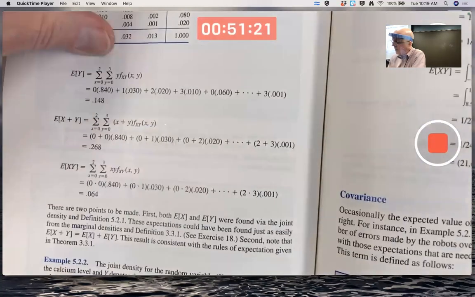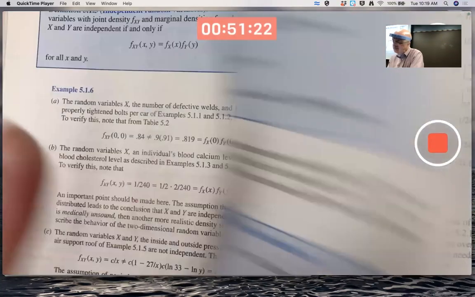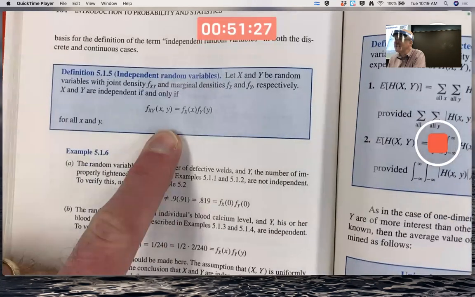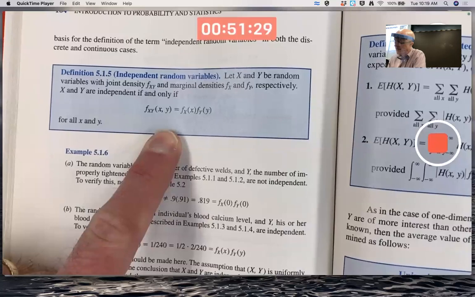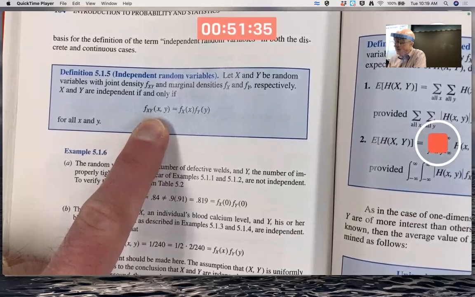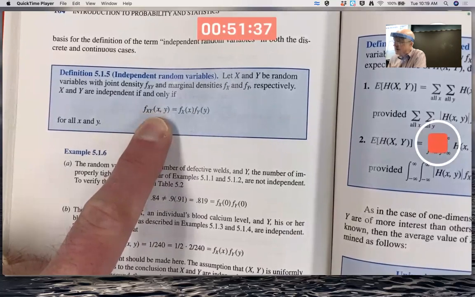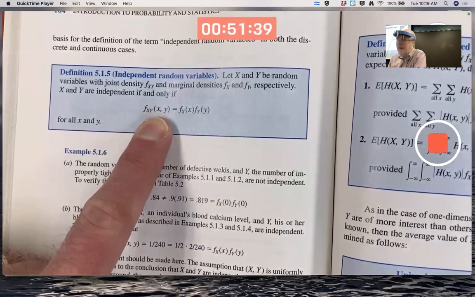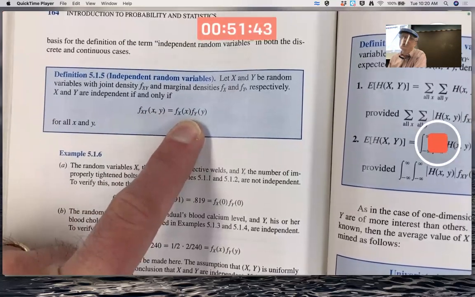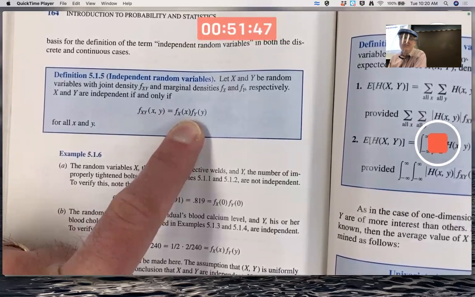For example, one prominent fact to know is the definition of independent random variables. X and Y are independent by definition. This is not a theorem to prove. It's what it means. If their joint density in the continuous case or joint PMF in the discrete case is the product of the marginal densities or PMFs for X and Y individually.